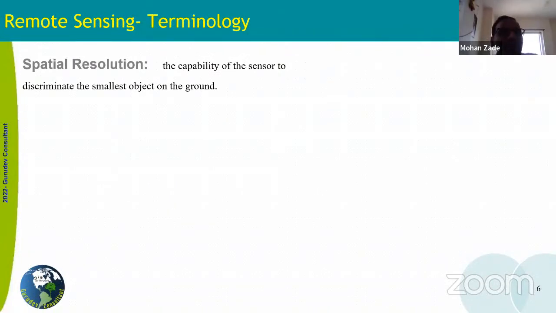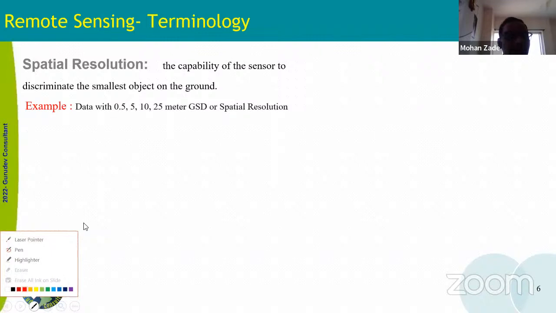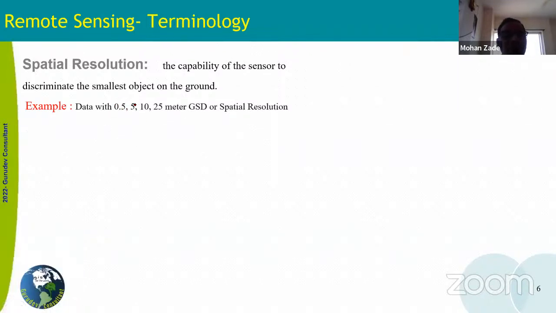So, just a few remote sensing terminologies. Spatial resolution is the capacity of a sensor to discriminate the smallest object on the Earth. That means it is the smallest object that can be captured by the sensor of a satellite. So data with 0.5 meter, 5 meter, 10 meter, 25 meter GSD, or ground sampling distance.